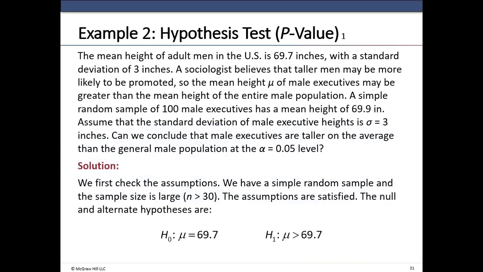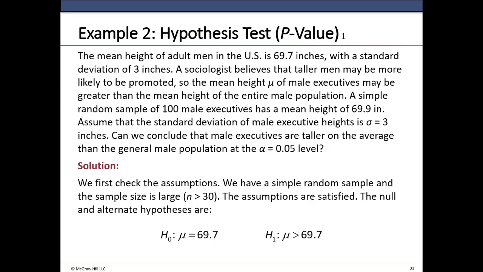The mean height of an adult man in the United States is 69.7 inches with a standard deviation of 3 inches. A sociologist believes that taller men may be more likely to be promoted, so the mean height of male executives may be greater than the mean height of the entire male population. A simple random sample of 100 male executives has a mean height of 69.9 inches.